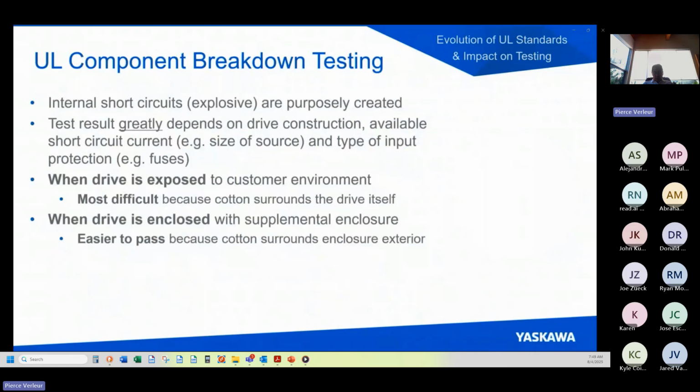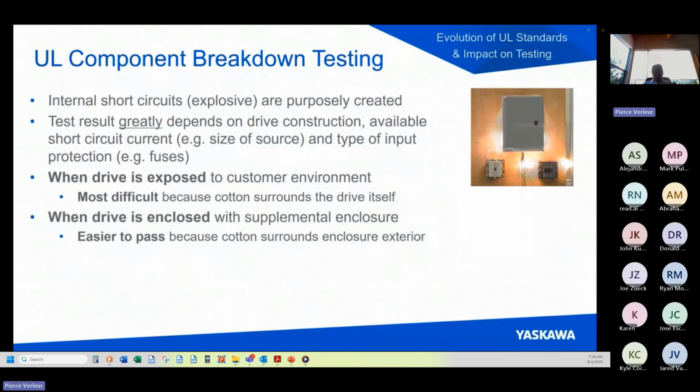So let's talk a little bit about this component breakdown testing. As I mentioned before, we purposely cause shorts on the internals of the drive and see what happens with different kinds of devices, whether it be breakers, conventional fusing, or semiconductor fusing on the input. The test result greatly depends on the actual construction of the drive, the amount of available fault current, and the type of input protection, as I mentioned.